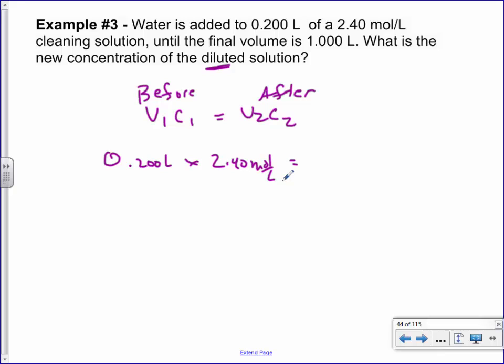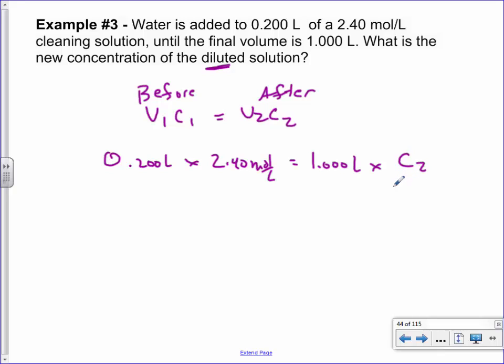After we're done, actually we know a number here. After we added water, how much water was there total? 1 liter. Here's the problem though. We don't know what that second concentration was, so I'm just going to leave C2 sitting there as a variable. How do you solve for C2?